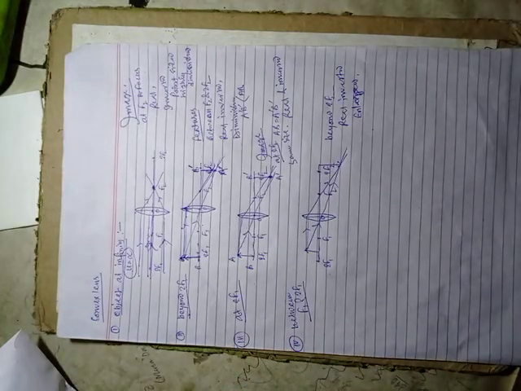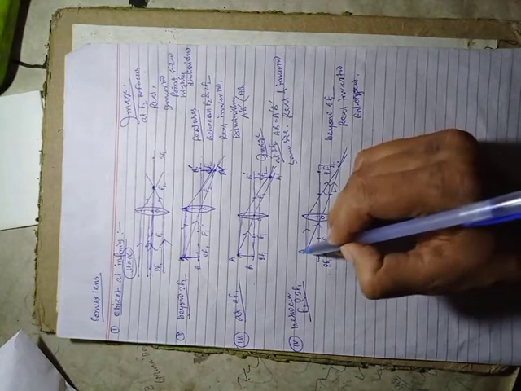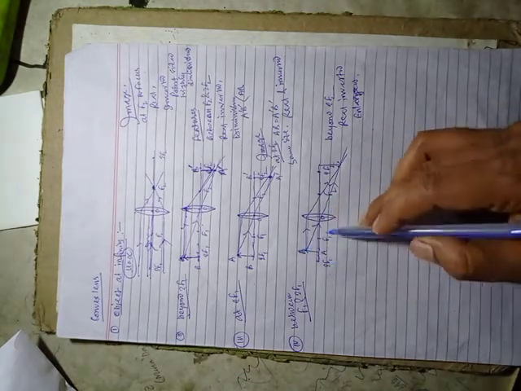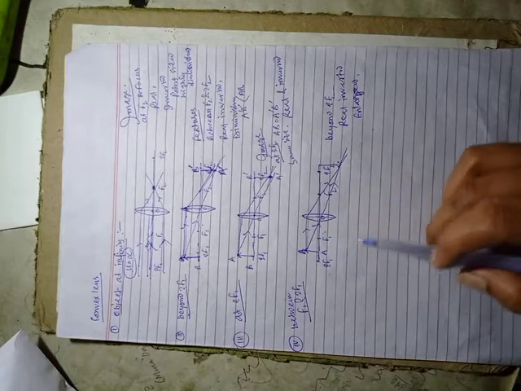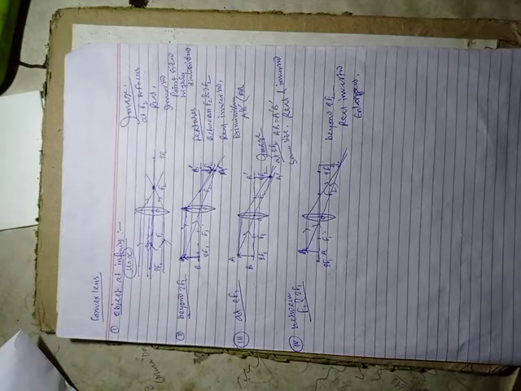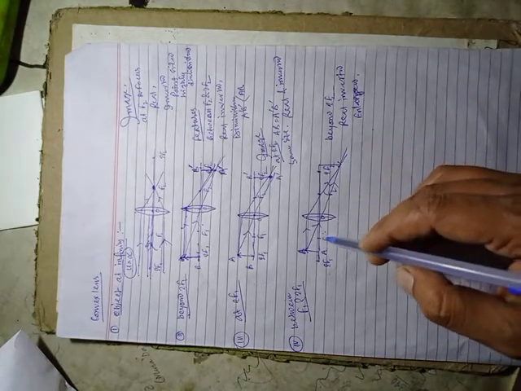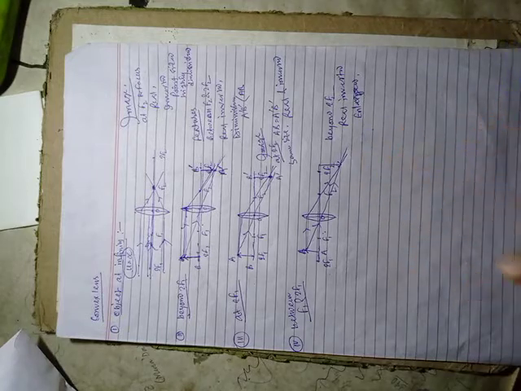When a question comes, when the object is between f1 and 2f1, draw the diagram. You will write this way: suppose object AB is placed between f1 and 2f1, one ray passes through the optical center and goes in the opposite direction. Similarly another will go, just like in geometry what you used to do in mathematics.